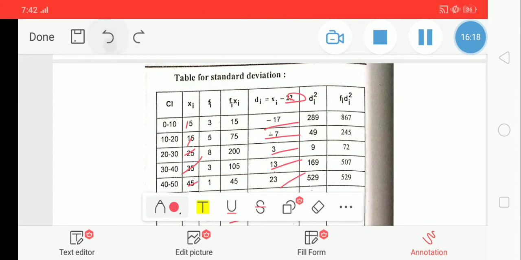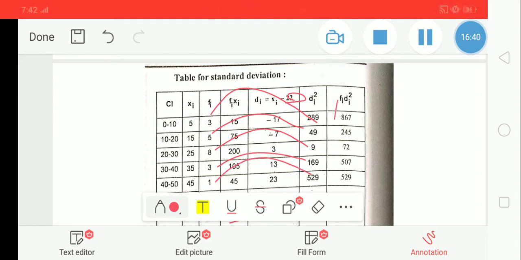So they give 289, 49, 9, 169 and 529, which are the squares of di. Now multiply by fi: 3 multiplied by 289, 5 multiplied by 49, 8 multiplied by 9, 3 multiplied by 169 and 1 multiplied by 529.